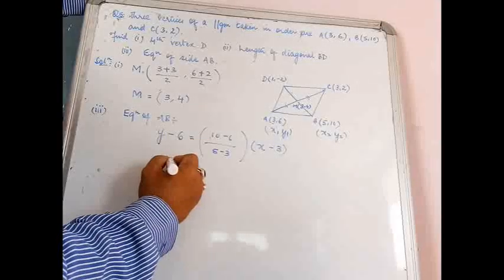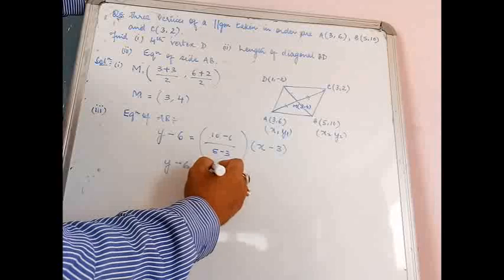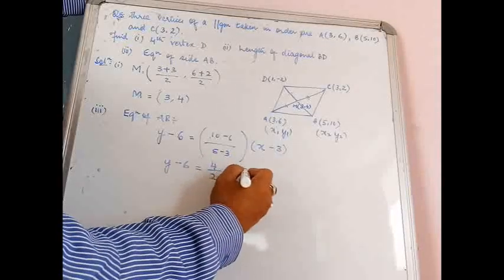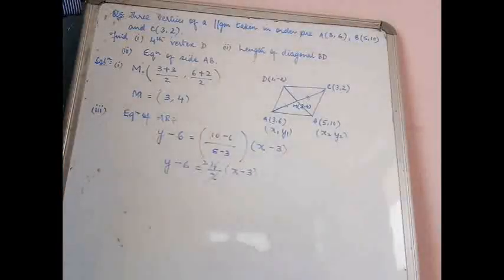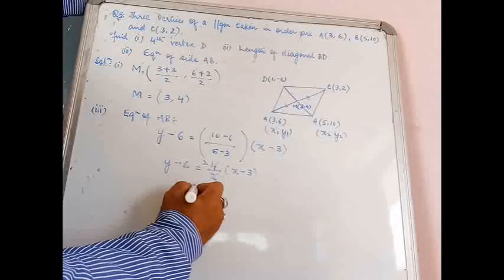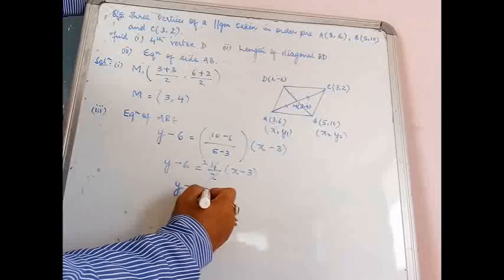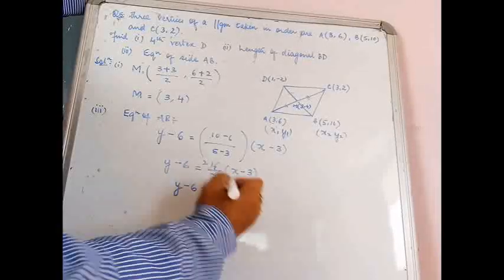So y minus 6 is equal to 10 minus 6 is 4, upon 5 minus 3 is 2, times (x minus 3). 2 2s are 4, this gets cancelled out, so you have y minus 6 is equal to, this 2 goes inside, 2x minus 6.